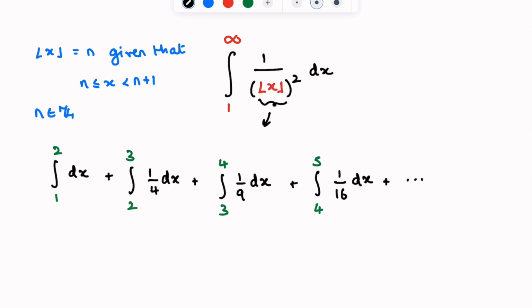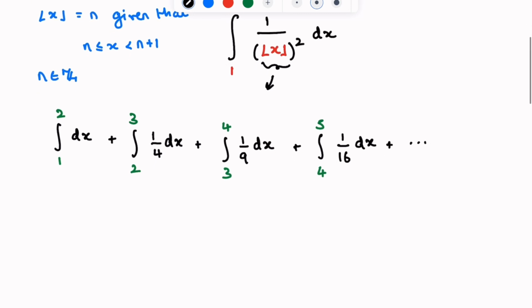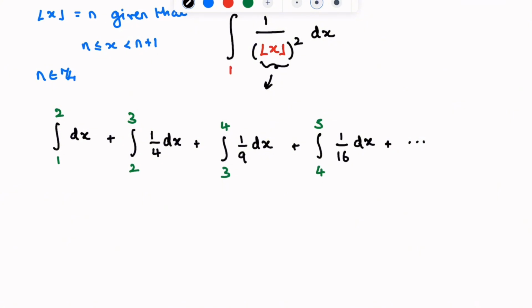Now, obviously, we don't want to be integrating an infinite number of integrals here, so let's condense this down. Each of these terms are being integrated from n to n plus 1, so essentially two numbers that are consecutive. The function is just 1 divided by the floor function of x squared, but then the floor function just becomes the lower bound.